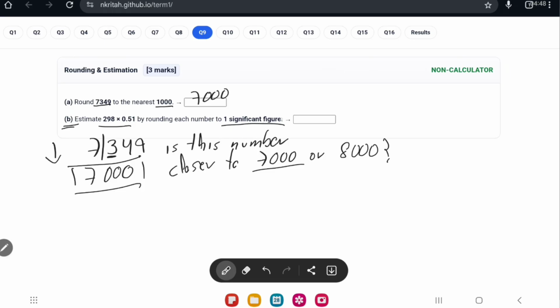For question 9b, we're going to estimate a multiplication by rounding each number to one significant figure. And that's basically the first number that we can see that is not 0. Just follow me here.